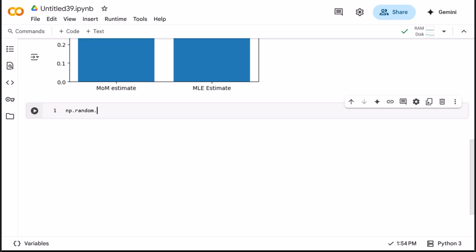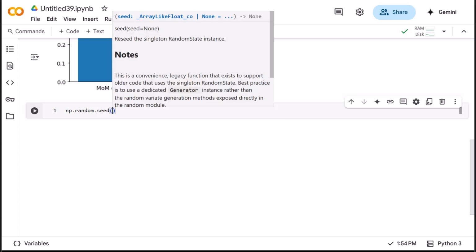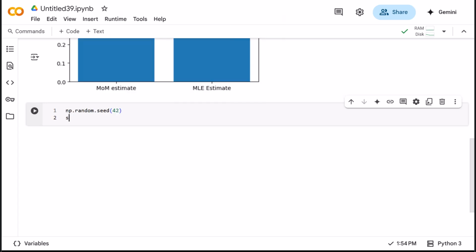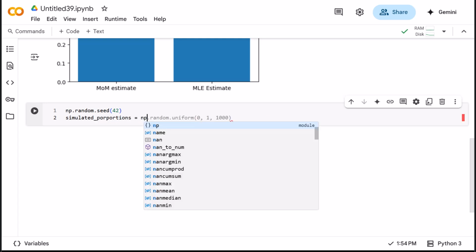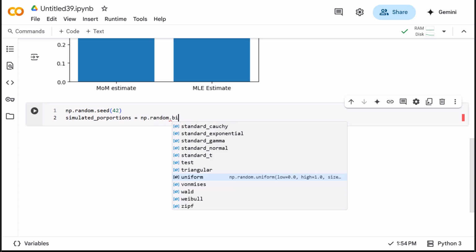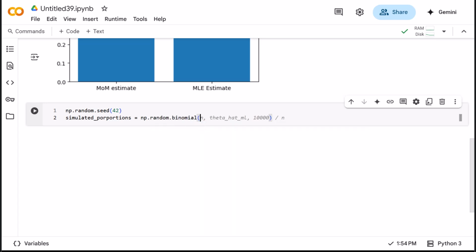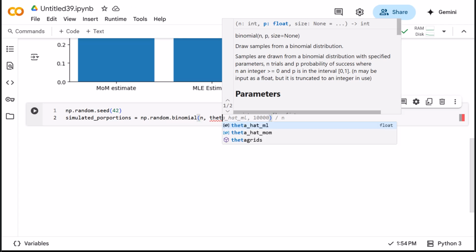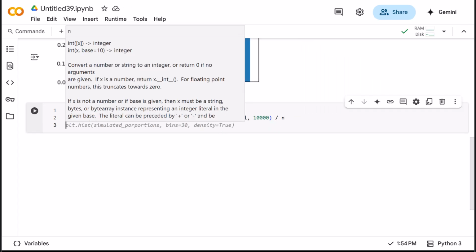So np.random.seed of 42. Then here, simulated proportion is equal to np.random, and our distribution is binomial, right? Binomial of n, theta_hat_MLE, and 1000, divided by n, right?